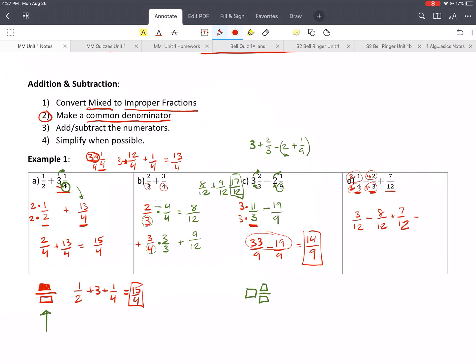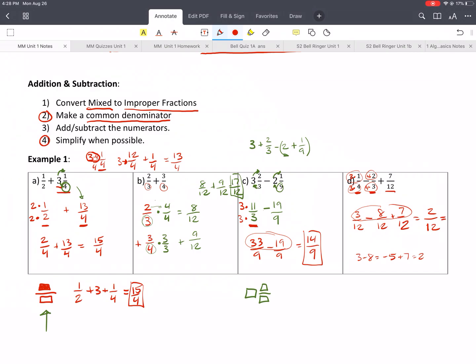All right? So whenever we add or subtract, we have the same denominator. We just need to evaluate the top. Okay? So 3 minus 8, what's 3 minus 8? Well, that gives us a negative 5. And now we're going to add a 7, and that gives us a positive 2. Okay? And we can simplify. I think this is the first time we need to use step 4, simplify when possible.